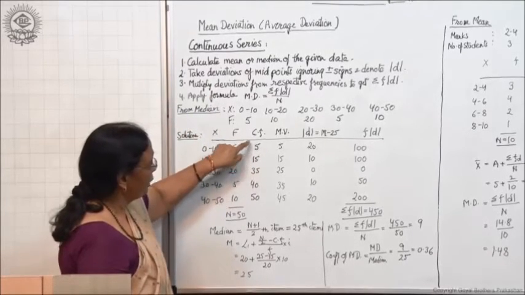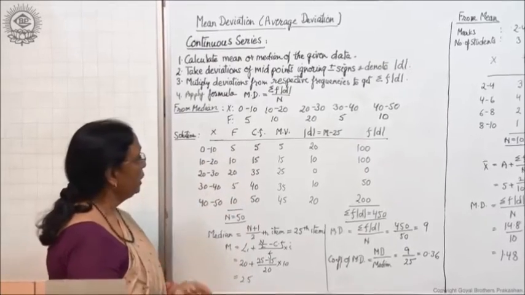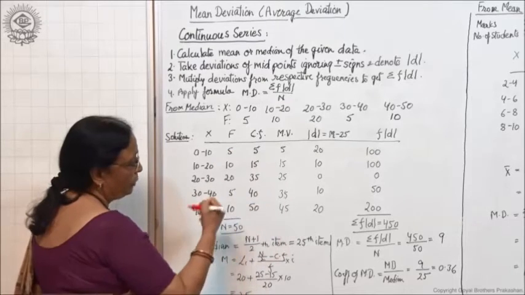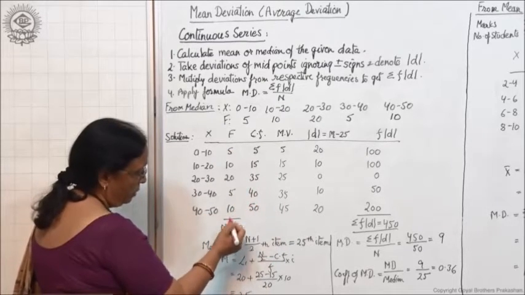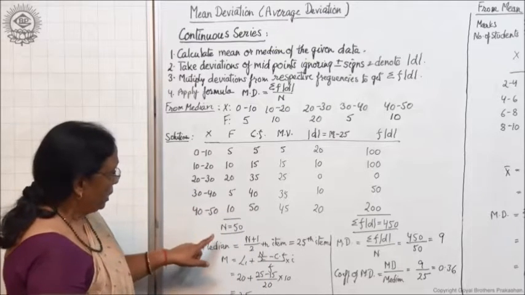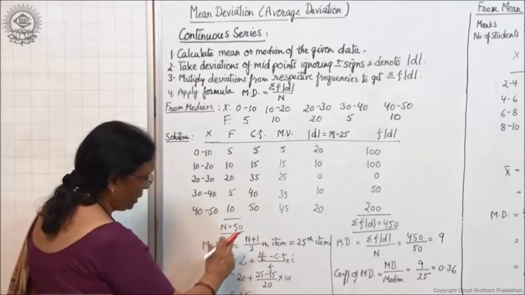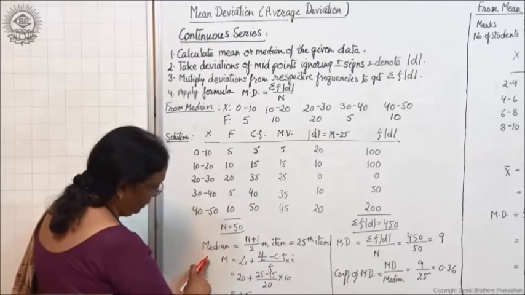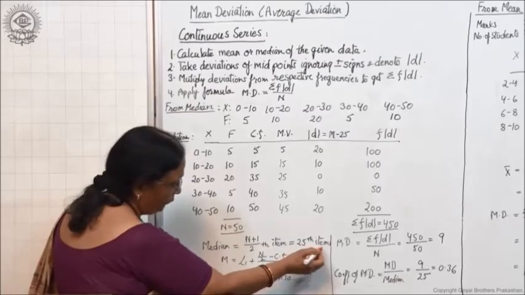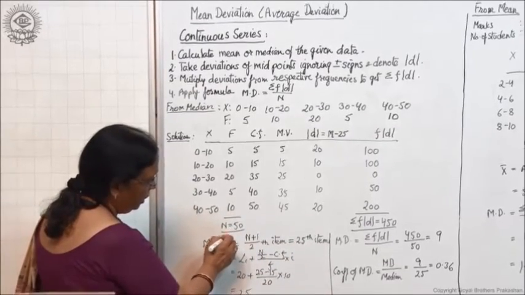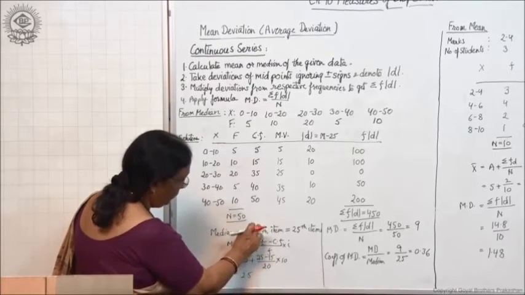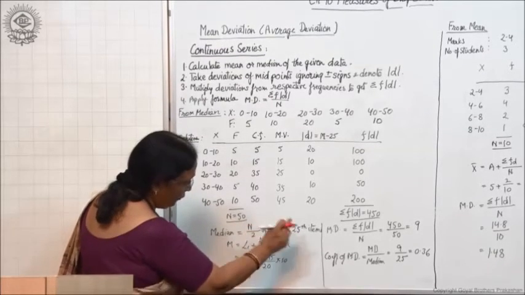To calculate median you need cumulative frequency. So you will make the cumulative frequency of this column, you know the process, and total of F is the last item of this. Then after doing this you first calculate median. Median is n plus 1 upon 2th item, n is 50, right, no, here it is n upon 2 item, n upon 2 is 25th item.